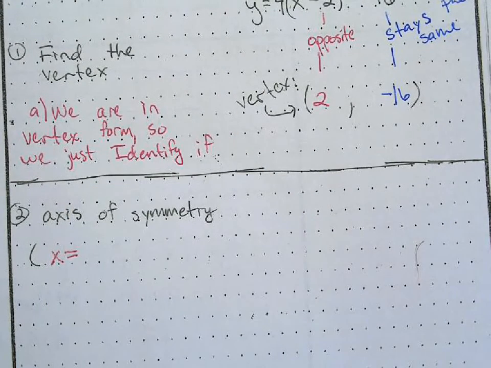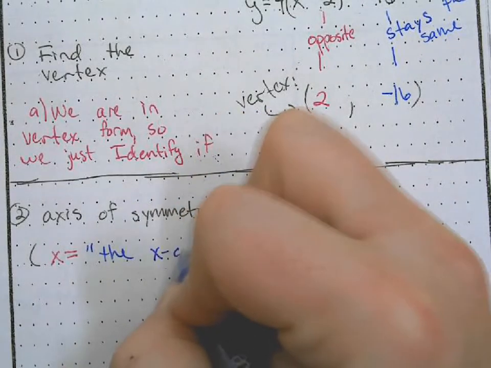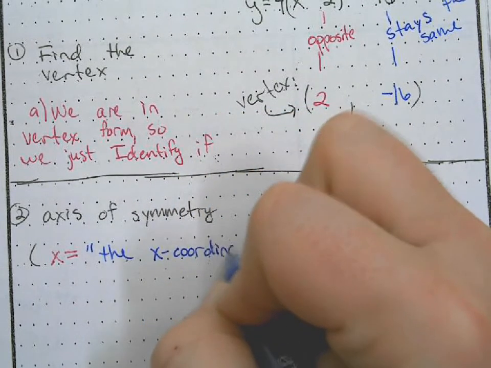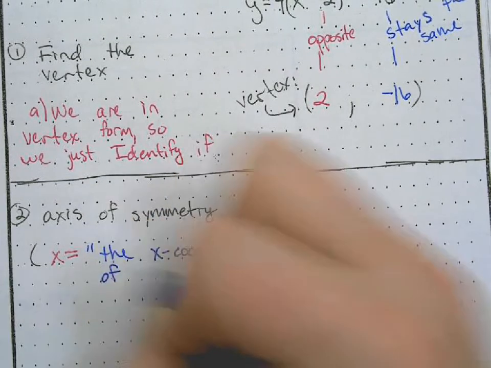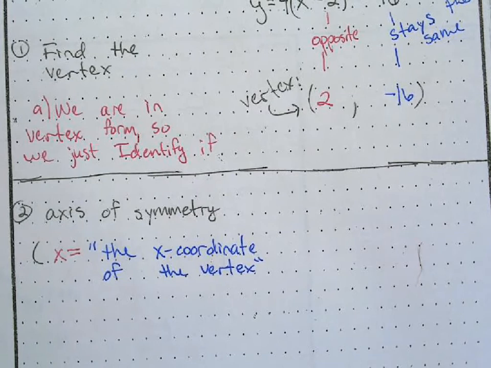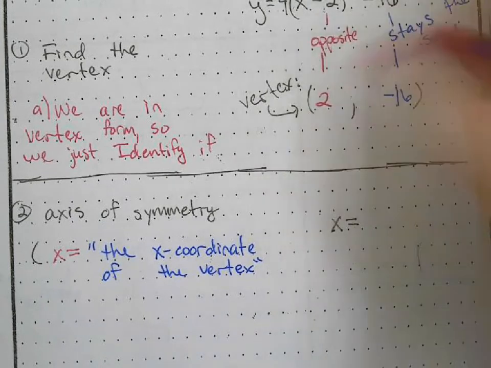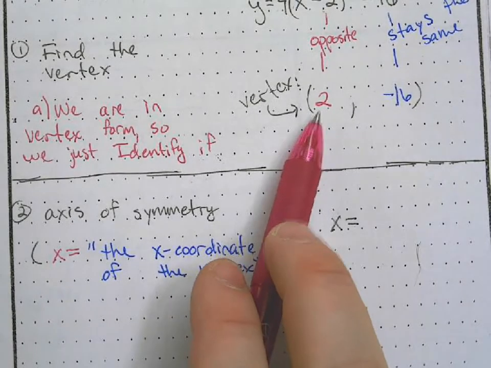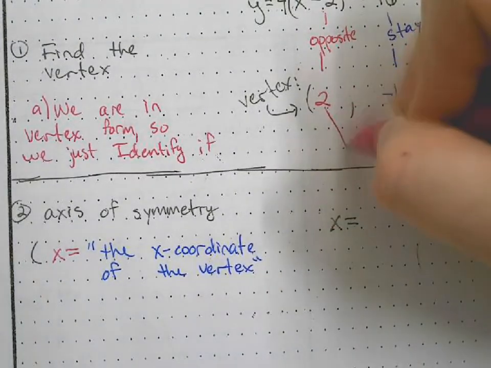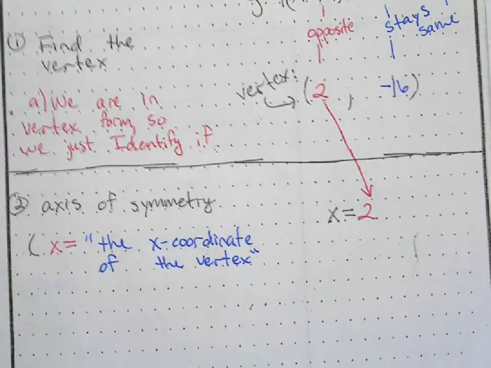X equals the x coordinate of the vertex. So we can just say x equals, and here's my vertex, here's my x coordinate. So just bring this number straight down, like so.